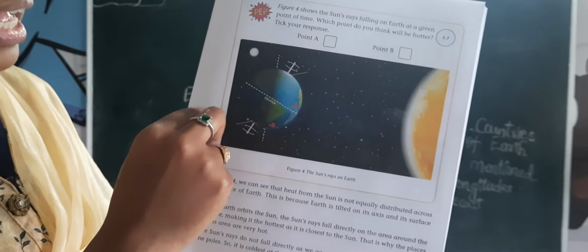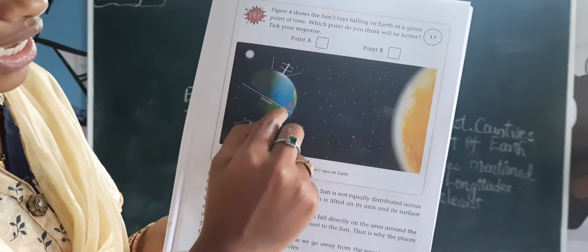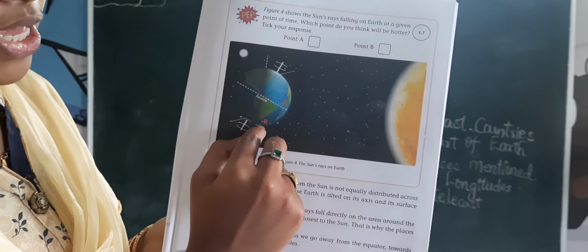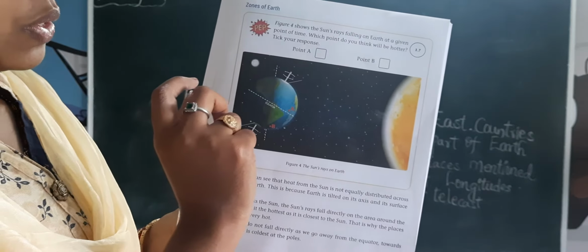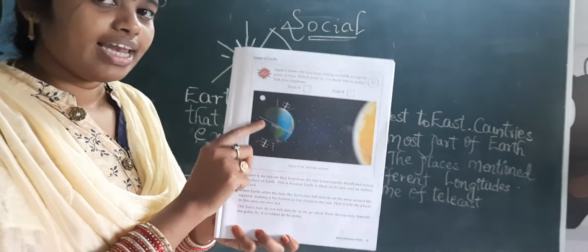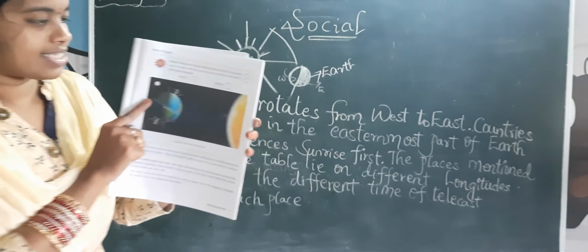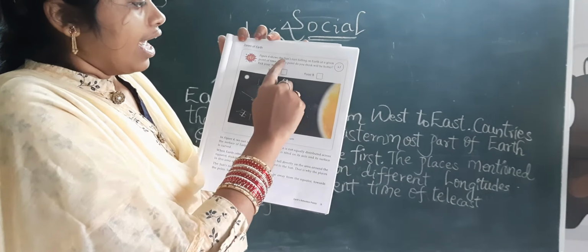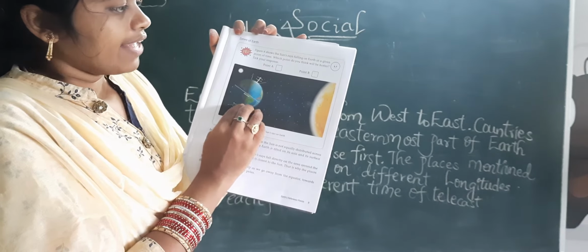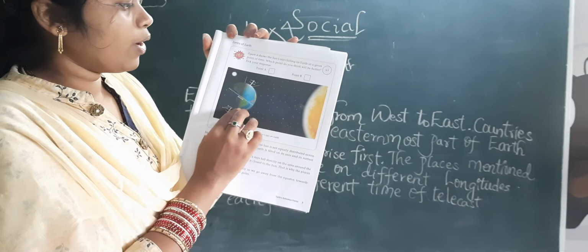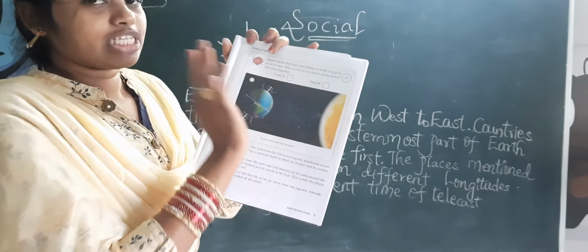Here two points are there, A and B. So here one activity is also there. I will ask you a question, you have to answer that. Let us see who will tell first. Sun rays are falling on Earth at a given point of time. Which point do you think will be hotter? Pick your response.